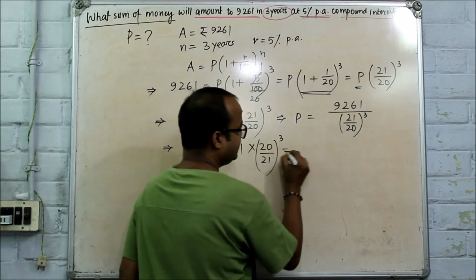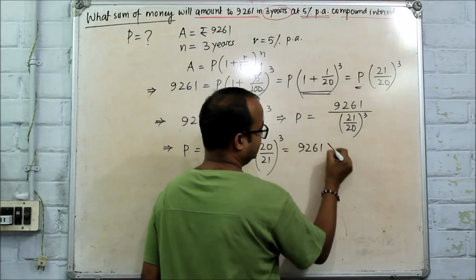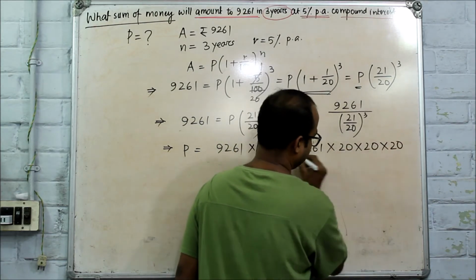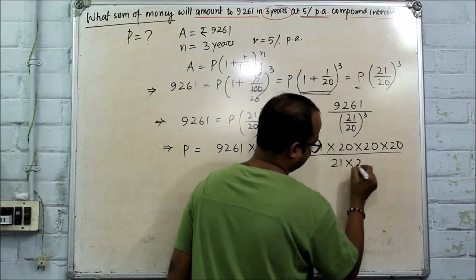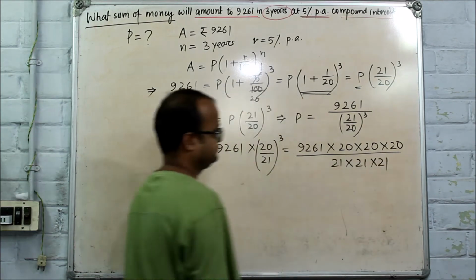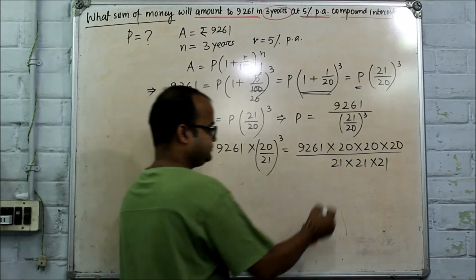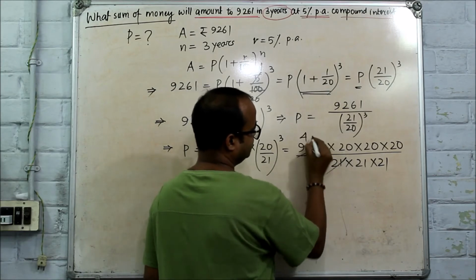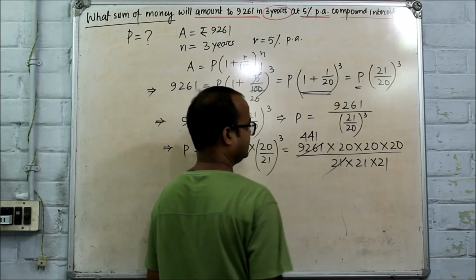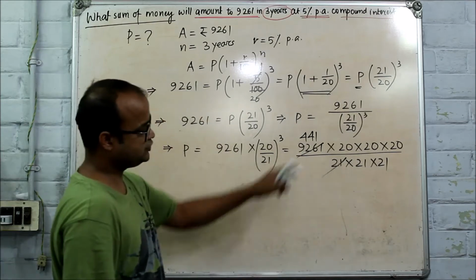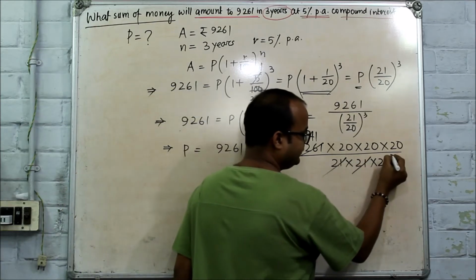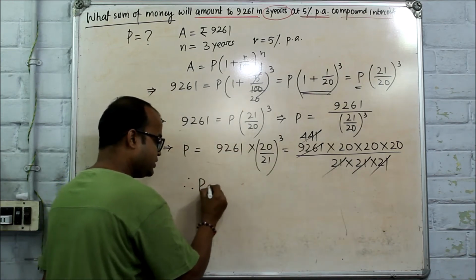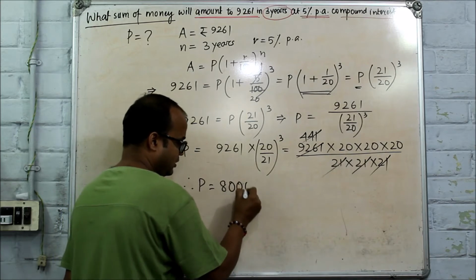So now we simplify. 9261 into 20 into 20 into 20 by 21 into 21 into 21. If you cancel with 21, it will be 441. 21 into 21 is equal to 441. So therefore P is equal to 8000.